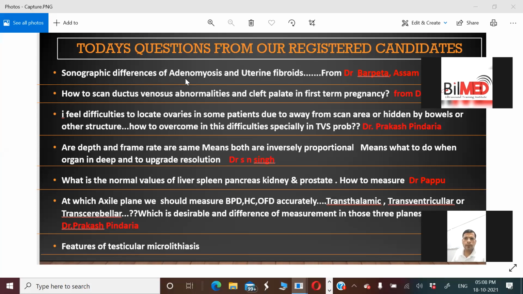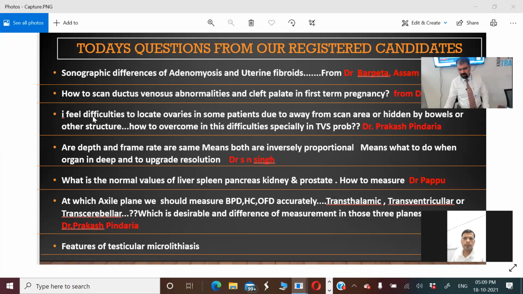Sonographic difference of, these are the copy pasted questions. What I mean by copy paste is that I am pasting the questions as it is. It means that these are the words which are posted by Dr. Barpita. So Dr. Barpita is posting sonographic differences of adenomyosis and uterine fibroid.